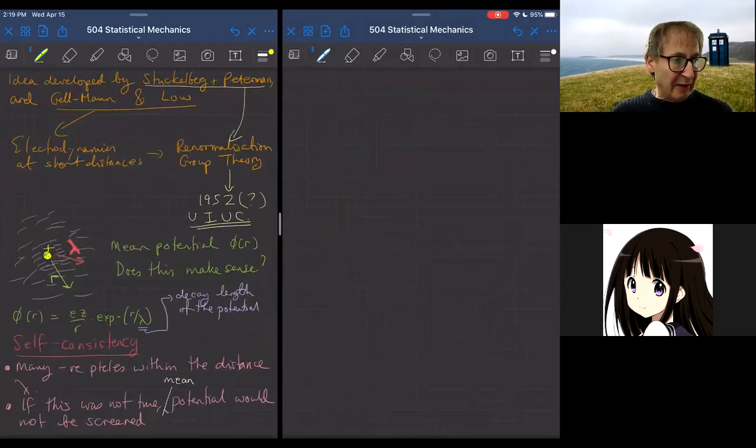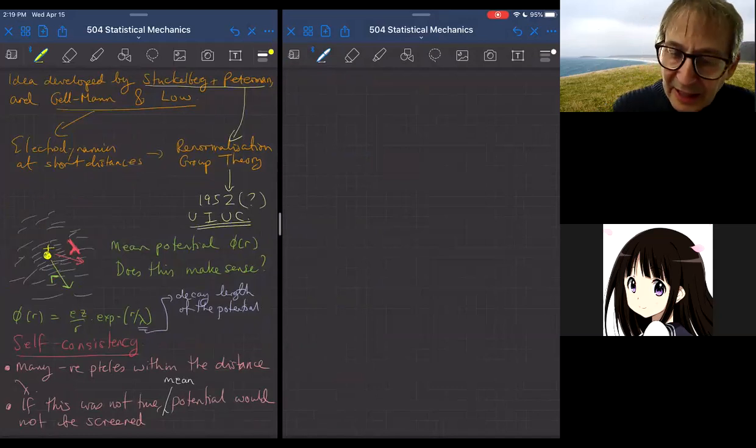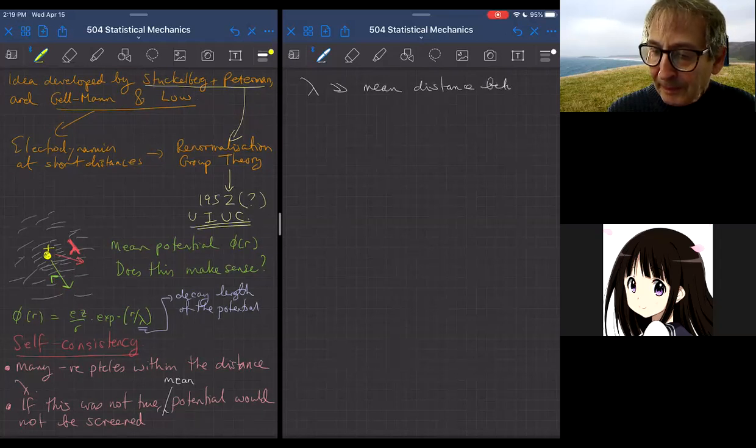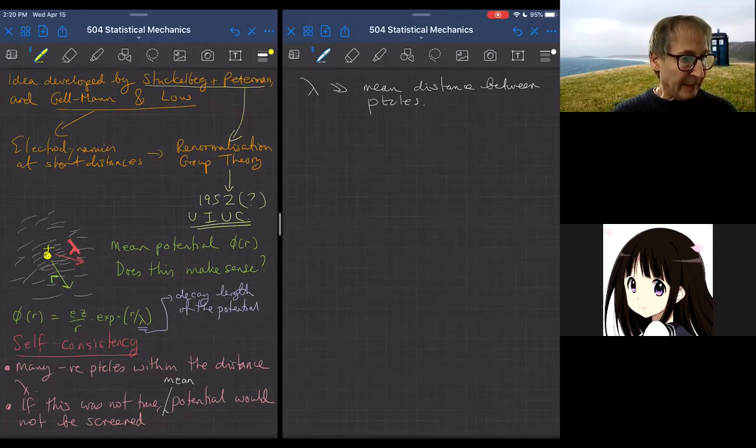So what we need is that lambda should be much greater than the mean distance between the particles. So now you have to work out what the mean distance is.